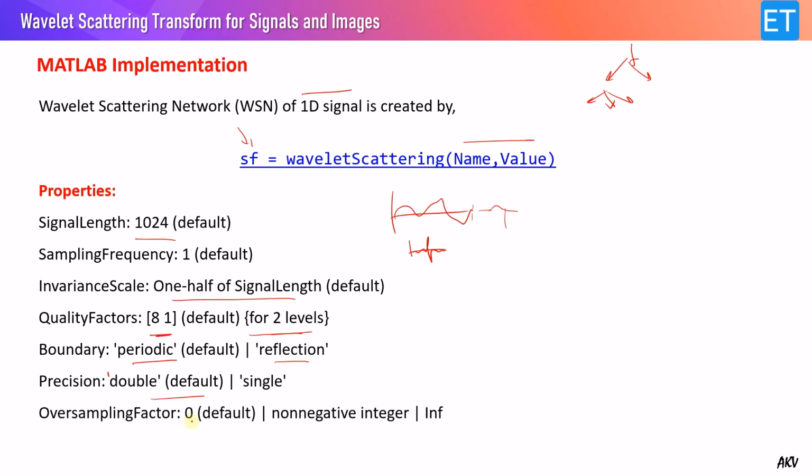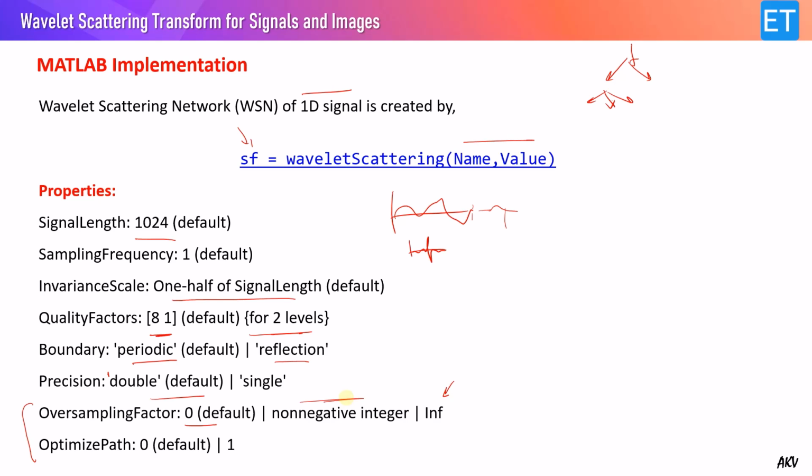Then the oversampling factor, and we have the optimization path. These two are advanced parameters. Generally they are not needed, but let me explain the oversampling factor. The default value is 0, the maximum value you can give is infinity, and in between you can give any positive integer.